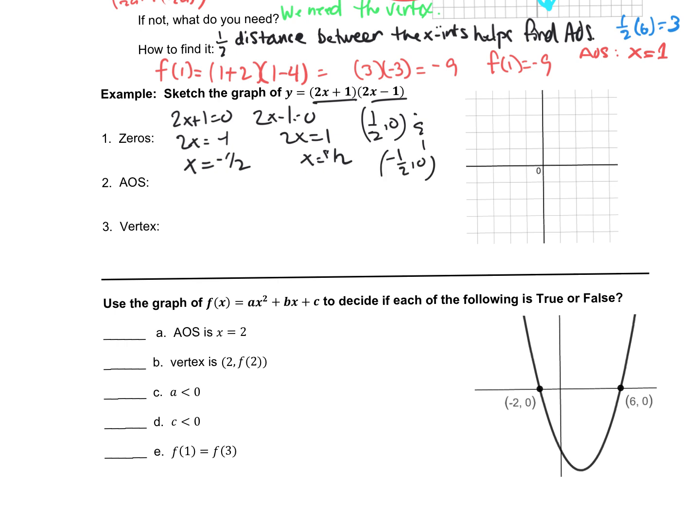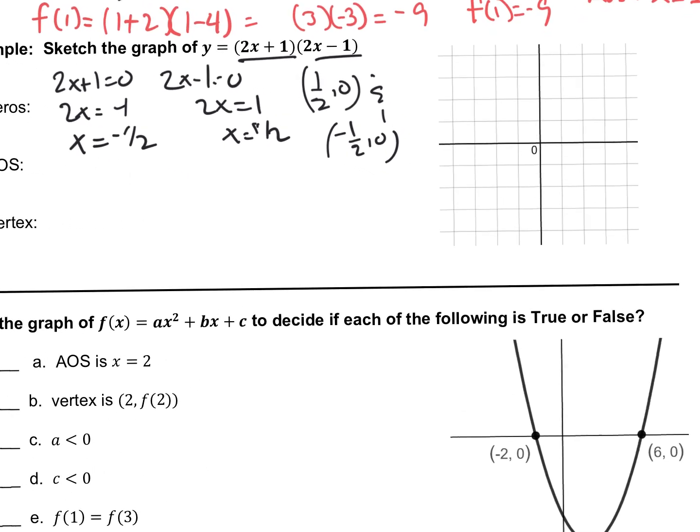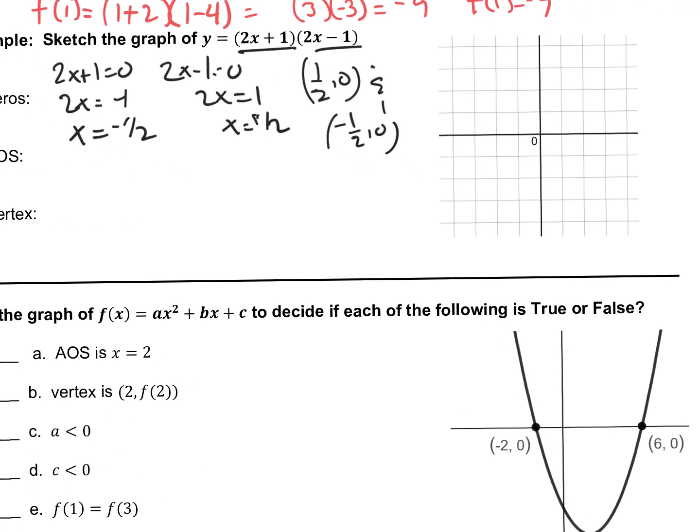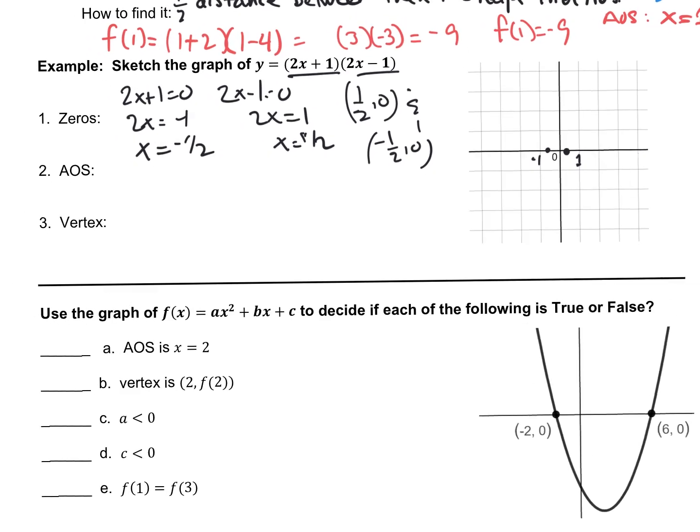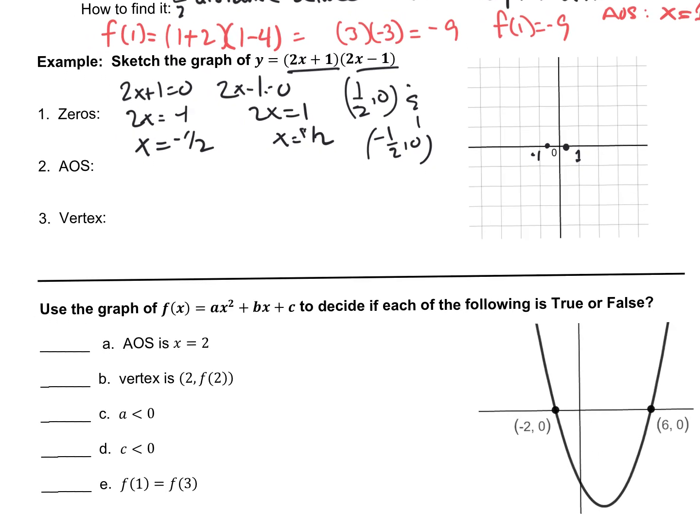All right, axis of symmetry. We'll plot those points first. So we're going to plot them on this graph. I'm going to go halfway between 0 and negative 1, which is right here, and halfway between 0 and 1, which is here. So hopefully you see the axis of symmetry is 0, because the graph is just halfway between. But think about it this way.